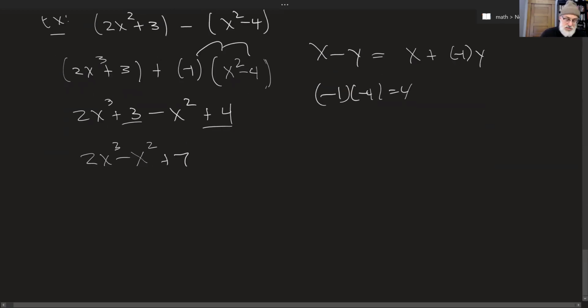Let's do another quick example. Something a little more complicated. I'm mixing variables too. It's easy to use x and y's, but you should be comfortable with any sort of variable. So I'm going to use w as a variable here.